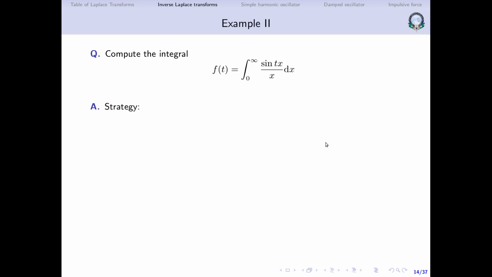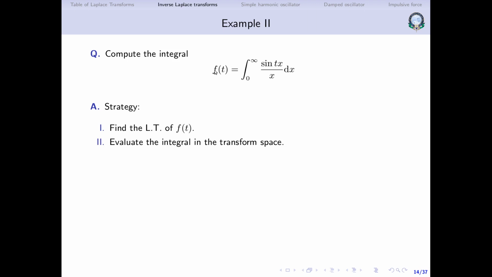The strategy that we will be following has mainly 3 steps. The first step is we find the Laplace transform of f(t). That means we find the Laplace transform of both the left hand side and the right hand side. Then we evaluate this integral in the transform space. Now what is the transform space?